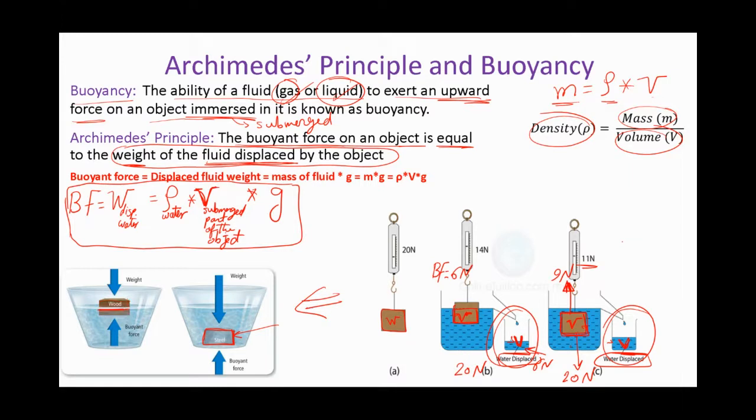Part of the wood is under the water and part of the wood is above the water. So my question is, which object of them is subjected to more buoyant force? Which one has more buoyant force on it, the wood or the steel? I'll give you a few seconds to think.